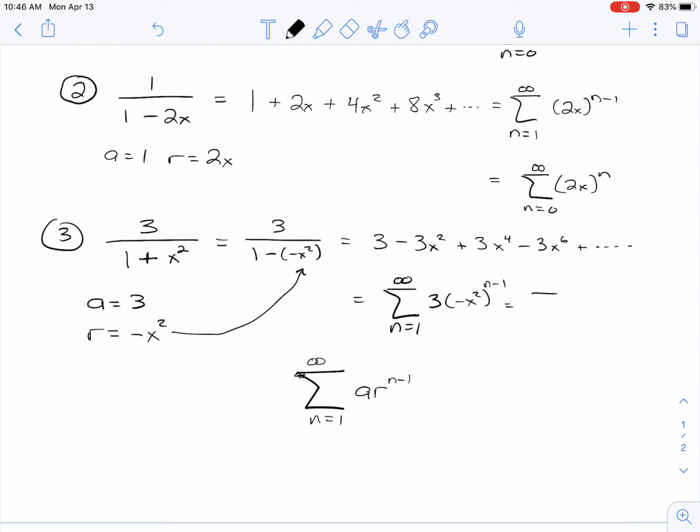So I could leave it like that, or I could break it up like this. Pull that 3 out front since it doesn't have any n's on it. N goes from 1 to infinity. This minus x squared, I can break that into minus 1 to the n minus 1, x squared to the n minus 1. This x squared to the n minus 1, I could rewrite as x to the 2n minus 2. And leave it like that.